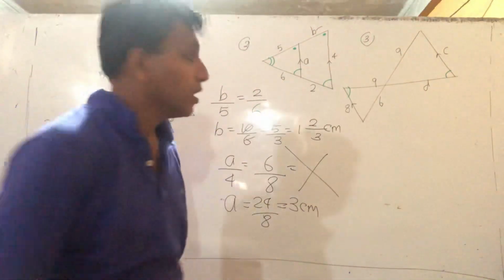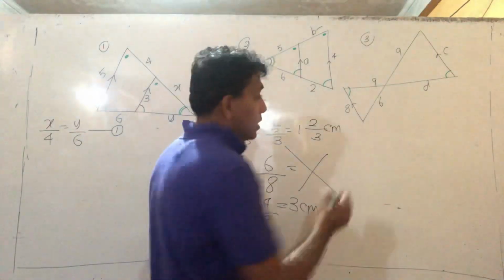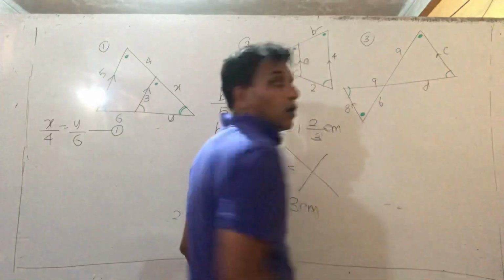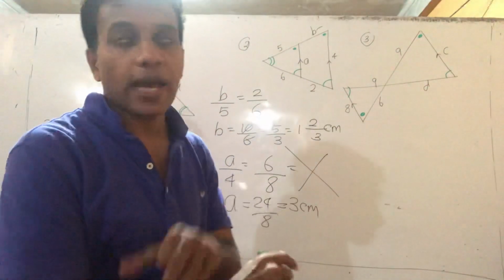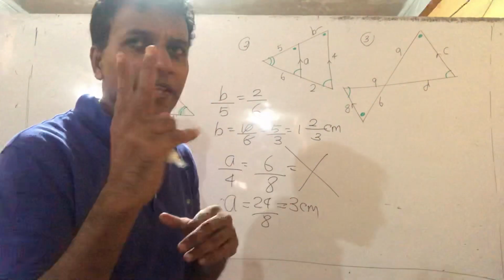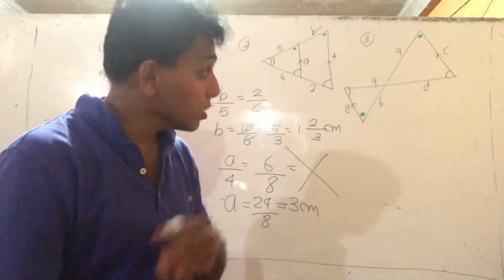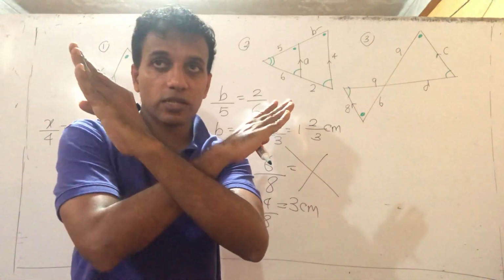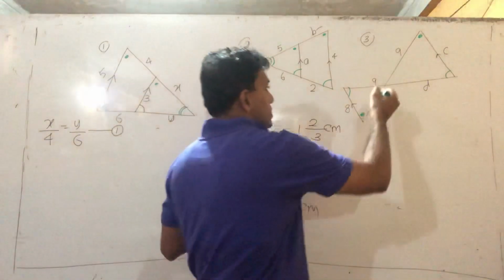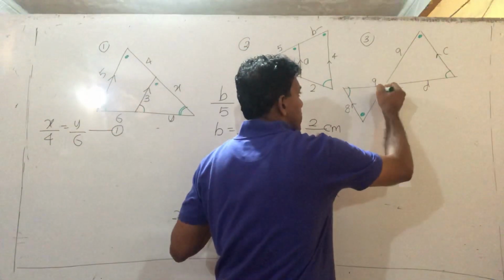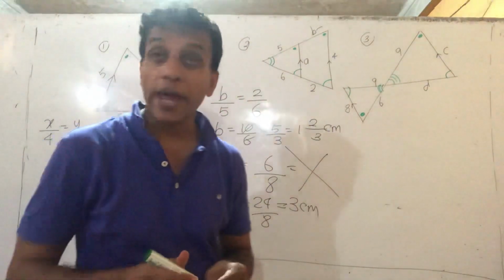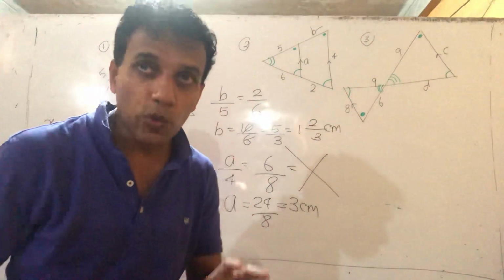That is the reason, and that's enough. Two angles, and the third one you can also mark. What is the third one? Grade 8 maths: vertically opposite angles. This angle equals this. Therefore, these two triangles are equiangular.